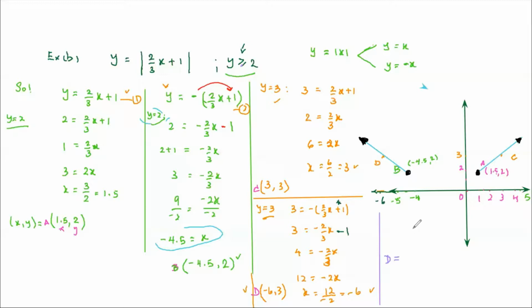So then you answer the domain. Go to infinity on this side, which is negative infinity, and on this side plus infinity. This one starts from x equal to -4.5, so you write down -4.5, because it has an equal sign, it is included.